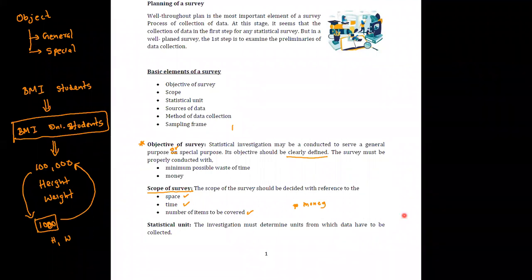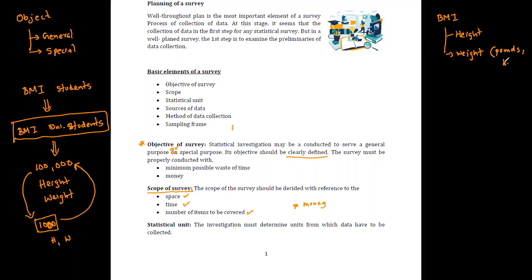Put simply, suppose you are going to calculate BMI, then you need the height and the weight of the students. One person may measure the weight in pounds, another in kilograms.